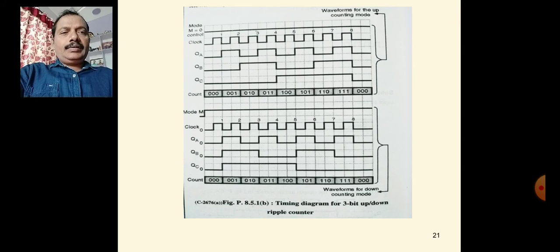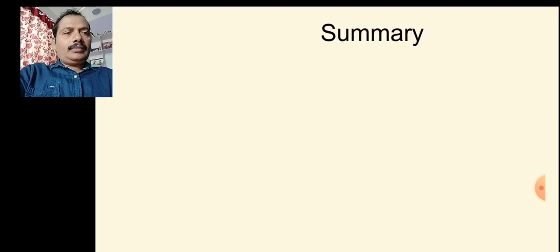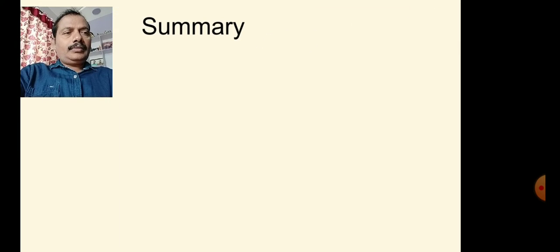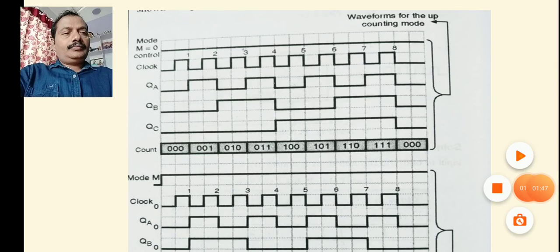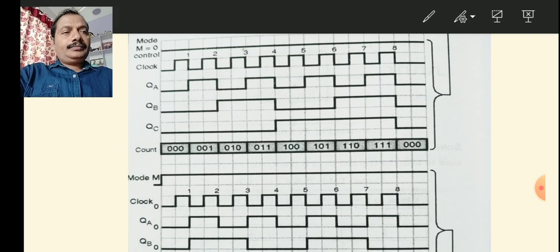This is mode 0, that is the count up section. The main clock is applied to the first flip-flop, and you see QA, QB, QC.